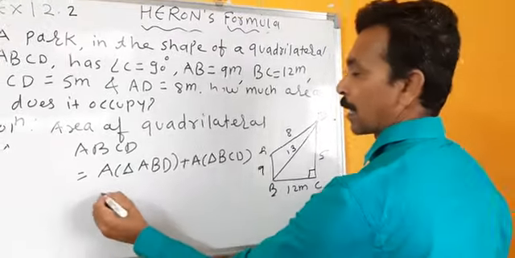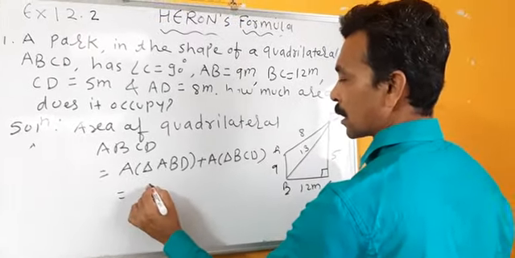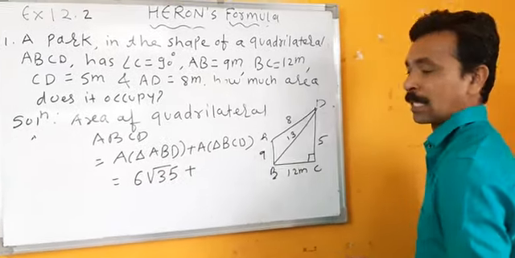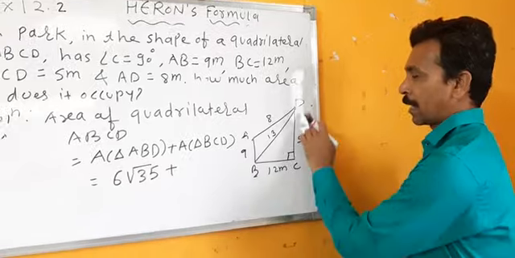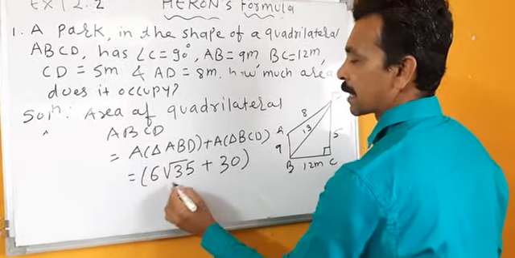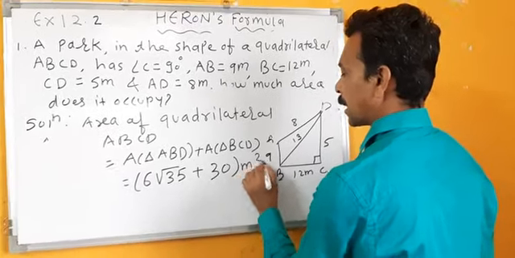What was area of triangle ABD? It was 6 root 35. And what was the area of triangle BCD? That is 30. So it becomes 6 root 35 plus 30 meter square.